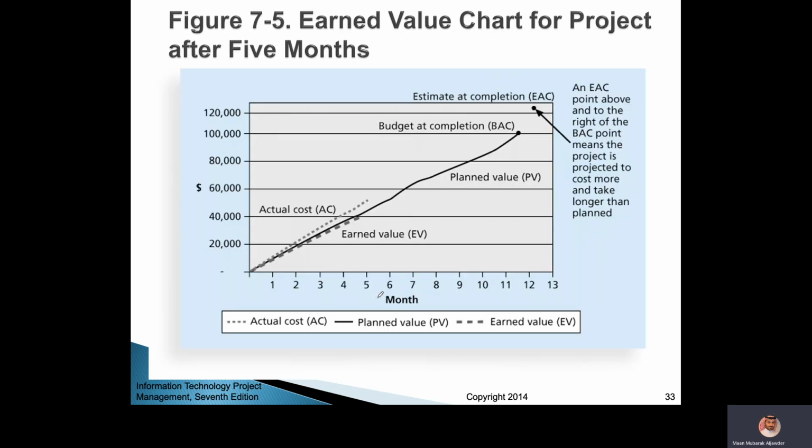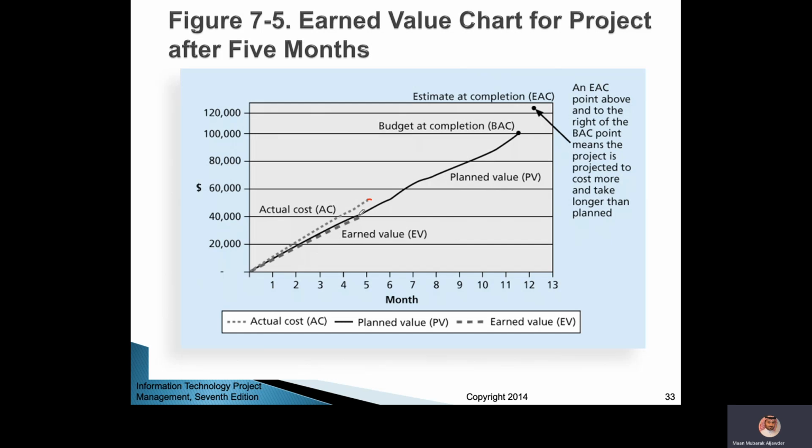So it's basically, this is how you look at the EVM. You have the actual cost, which is the dotted line. Okay, yeah, this one. And you have the planned value, which is this one. So all calculated, of course. Okay, and you have this bold dotted line. This is the earned value.